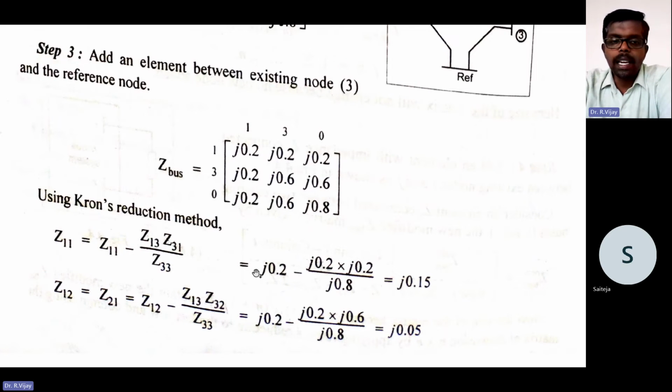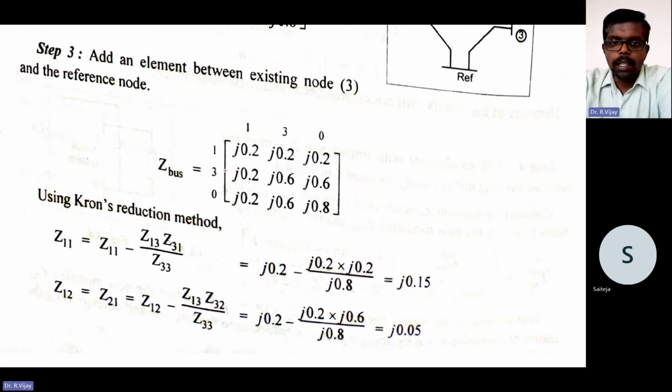Like that, similarly, next Z12 is equal to Z21 is equal to Z12 minus Z of 13 into Z of 32 divided by Z of 33. Those values you need to substitute because the Zbus is there now. So here it is Z11, Z12, Z13 like that.